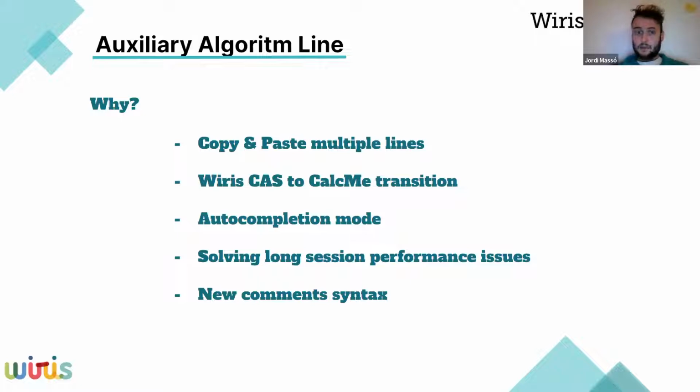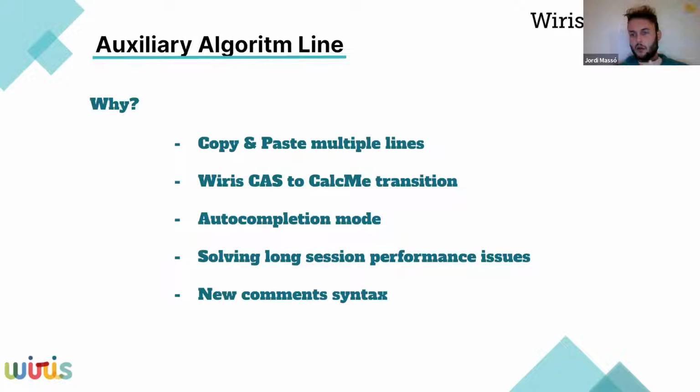And there are three more features that are minor, but we also think they're important and interesting to take into account. That is the auto-completion mode. So we don't need to remember by heart all the available commands, and we can use the auto-completion mode to find those commands which we could be interested in, and the system will automatically complete them.